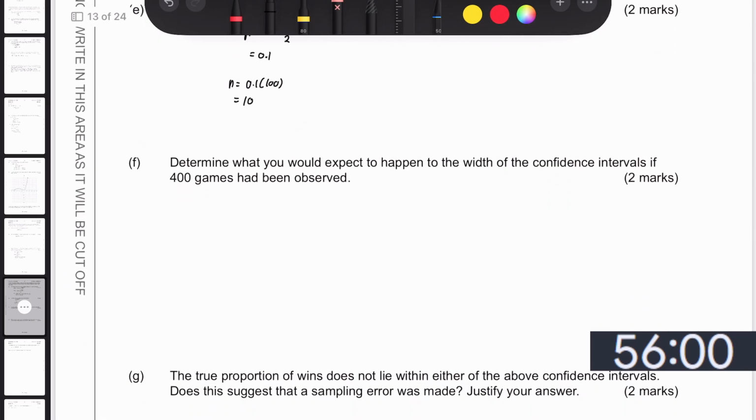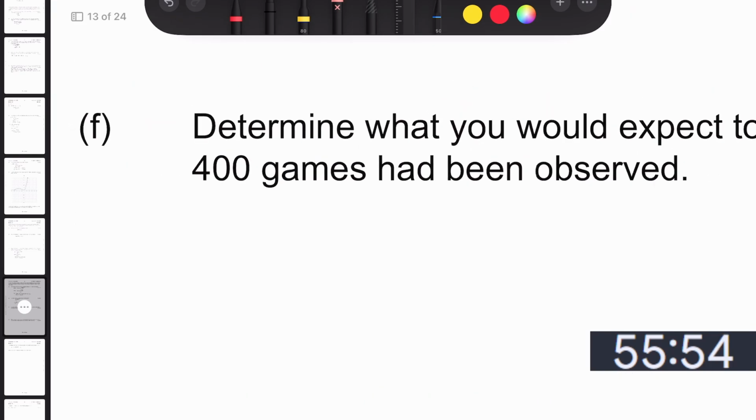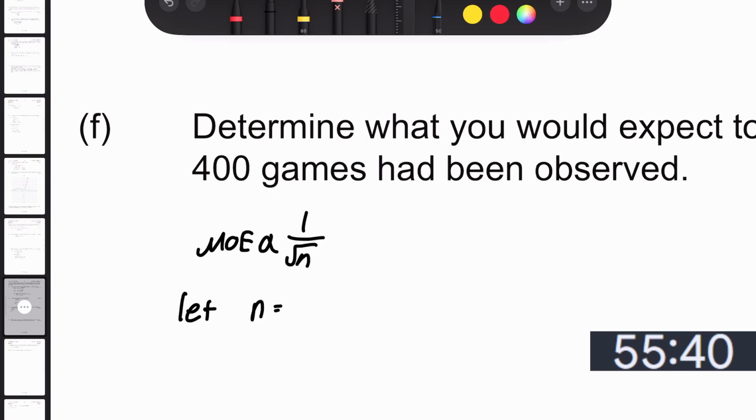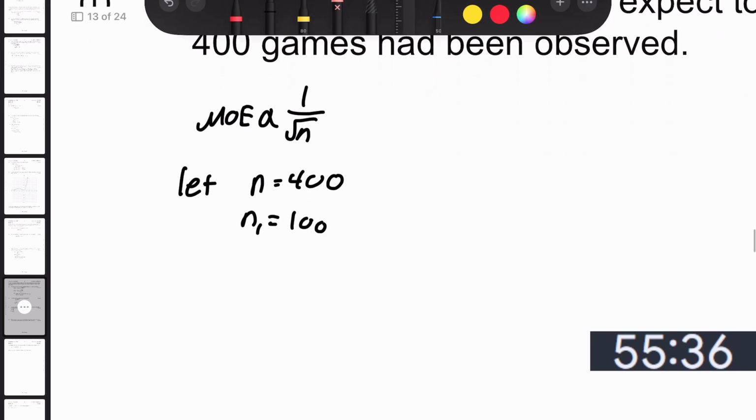Determine what you expect to happen to the width of the confidence intervals if 400 games have been observed. So margin of error is proportional to 1 on square root of n. Let n equal 400 and n1 equal 100.